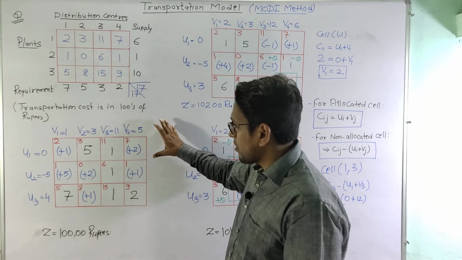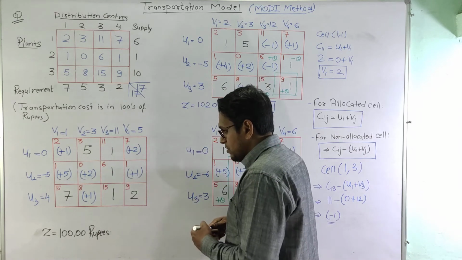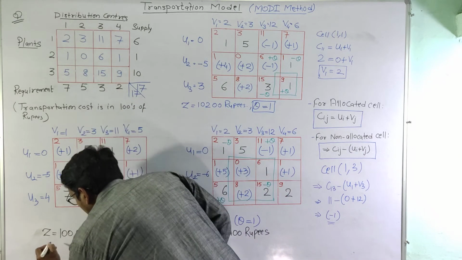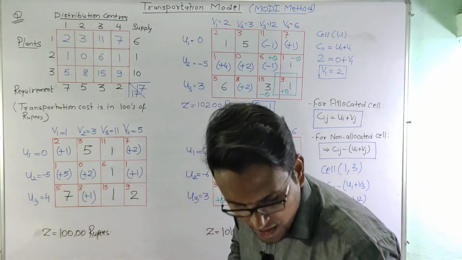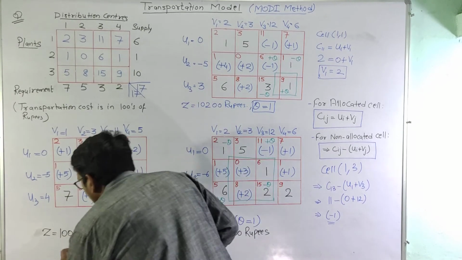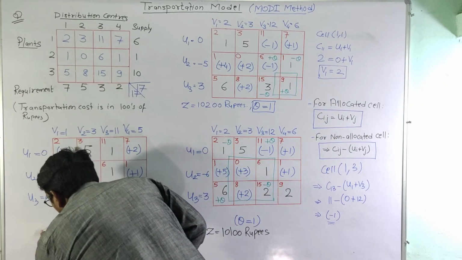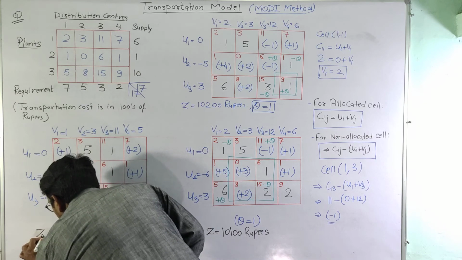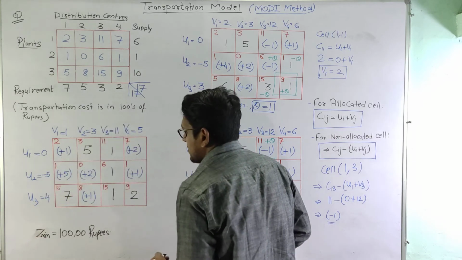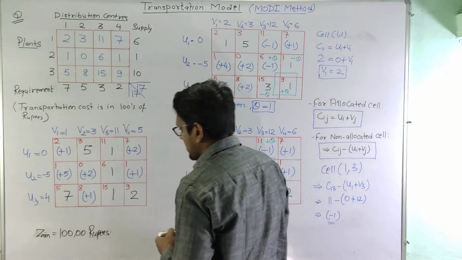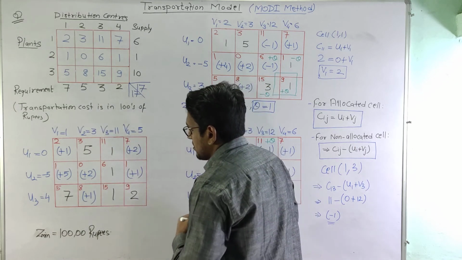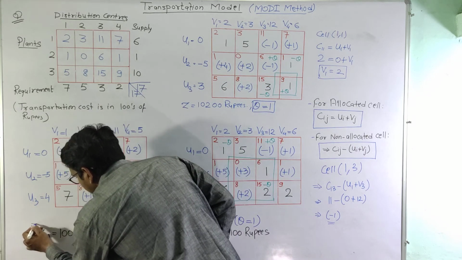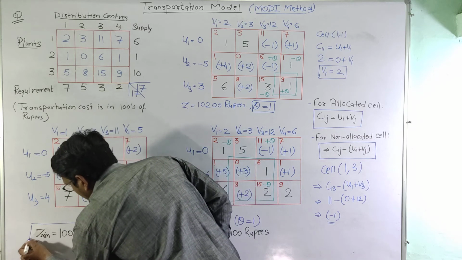So this will be our optimal solution, and the value of z here is the minimum value, z minimum, and this is the optimal value we can obtain here.